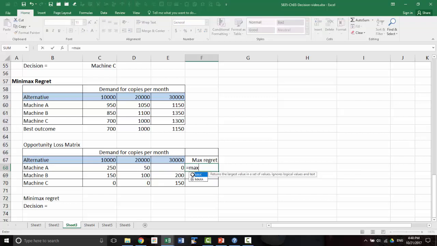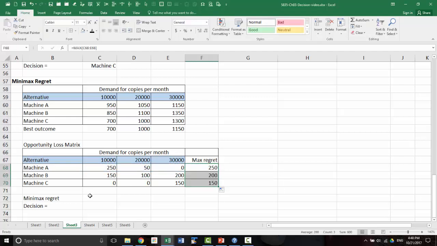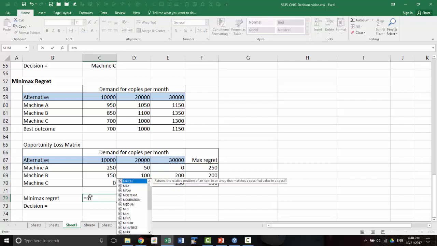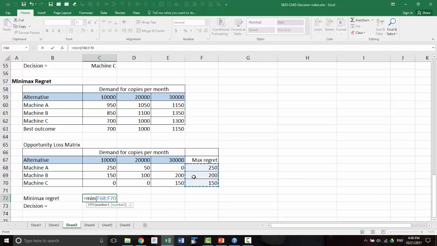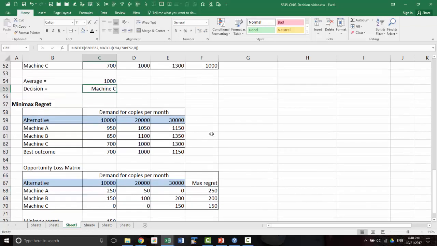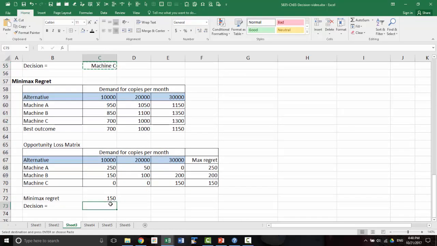So what is the maximum regret for each decision? Max. All right, and then we want to minimize that. Minimize the maximum regret. Okay, and the decision is that.